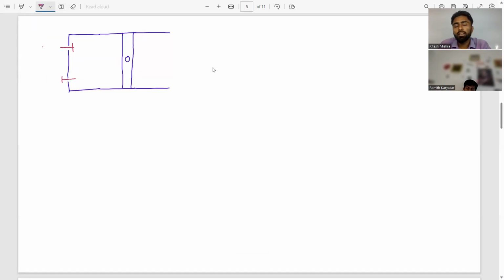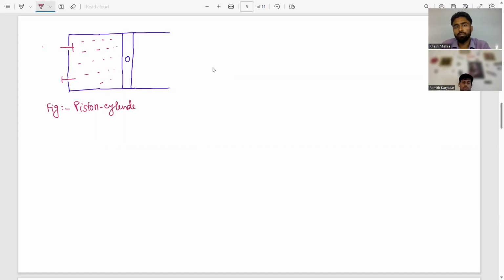And in this cylinder, some working substance is present already. This is the figure of a piston cylinder arrangement with valves.